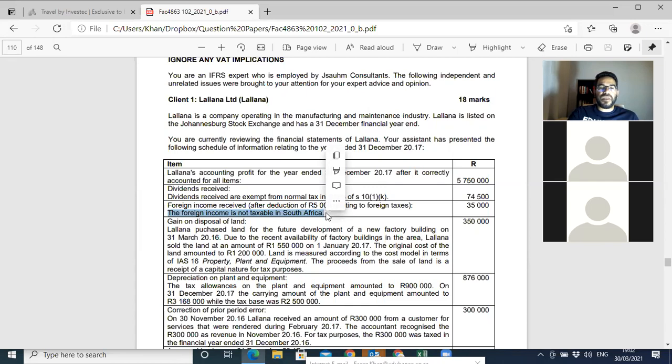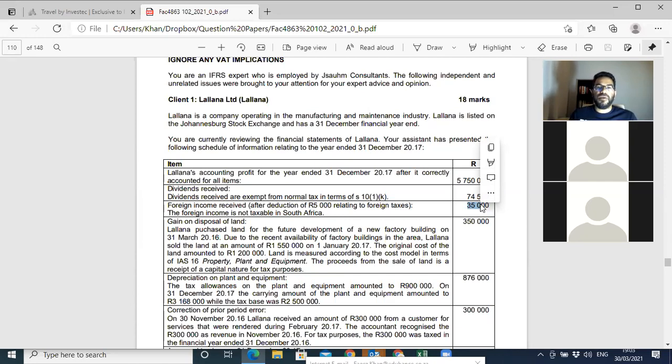So generally, if line item 1 didn't say everything was accounted for correctly, you'd have to make an adjustment to your profit figure, because your profit before tax amount is including 35,000 Rand, but it should include 40,000 Rand. But in this question, they are saying everything is correct.